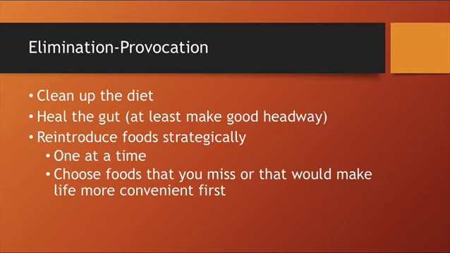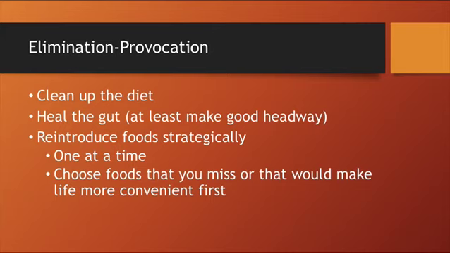The advantage in some cases of doing a test up front is that it can speed up the process on some items. That's really the bottom line. So eventually you're going to do an elimination provocation anyways, even if it's to reintroduce strategically some of the foods that might have been marginal on, say, an Array 10 test, like we just talked about.